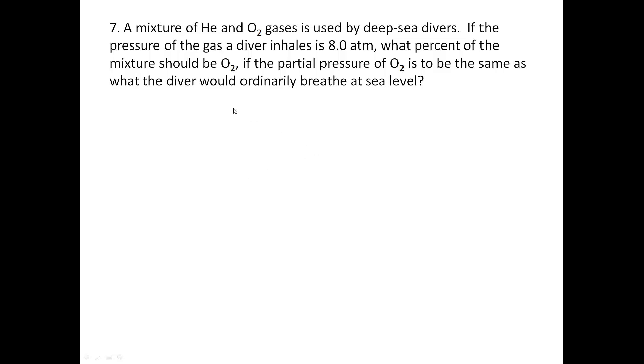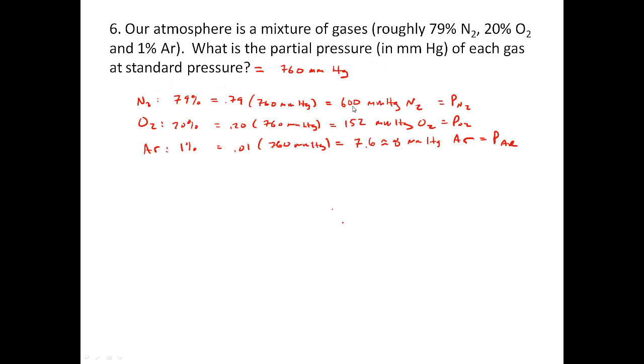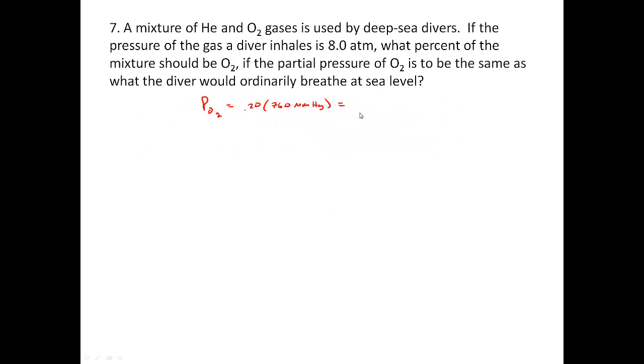So, partial pressure of oxygen at sea level, remember we're about 20% oxygen times 760, right? We just figured that out in the last problem. We're talking 152 millimeters of mercury of oxygen, okay?